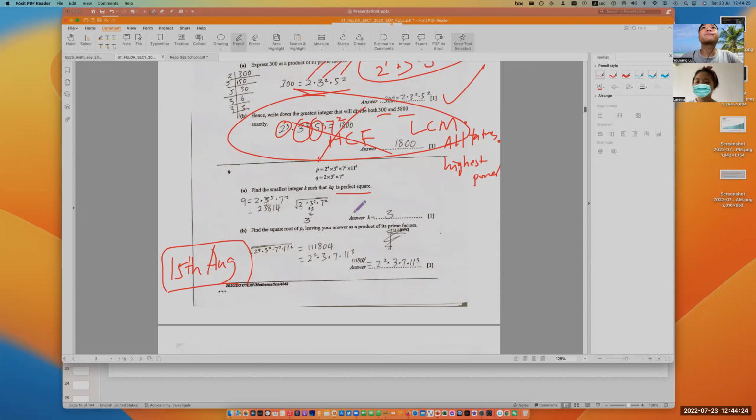Perfect square. So how to square root the perfect square? So k cubed, which is this. Can you square root the 2?